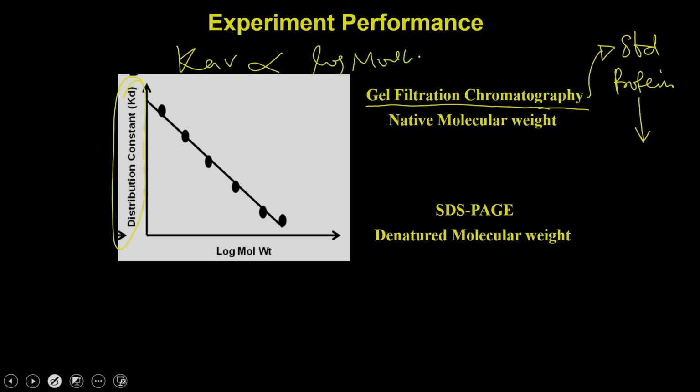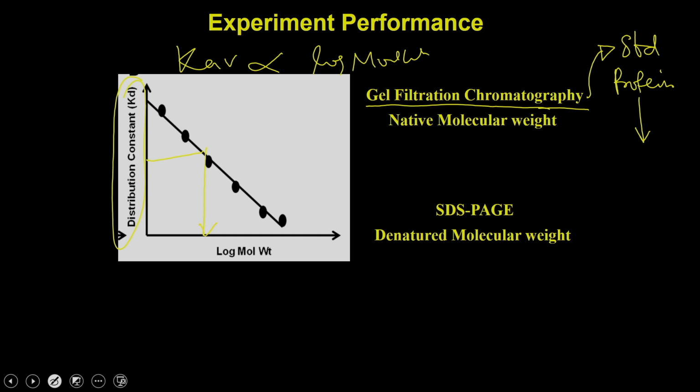Once you know that relationship, you can run your native protein, protein X. Suppose protein X gives you a certain Kav value; that can be used with the help of the calibration curve to determine the molecular weight.